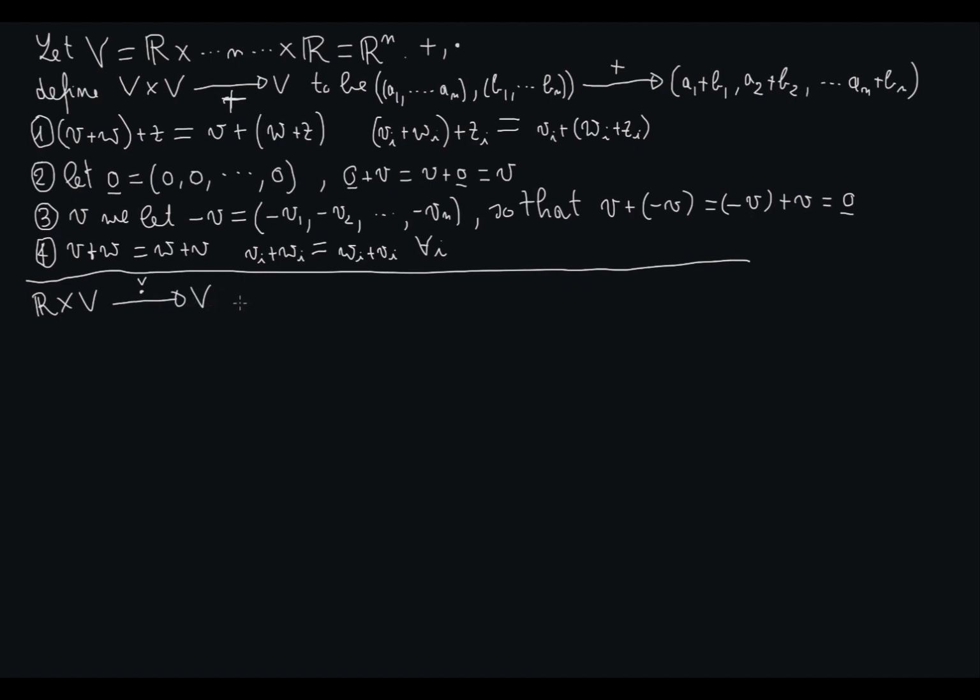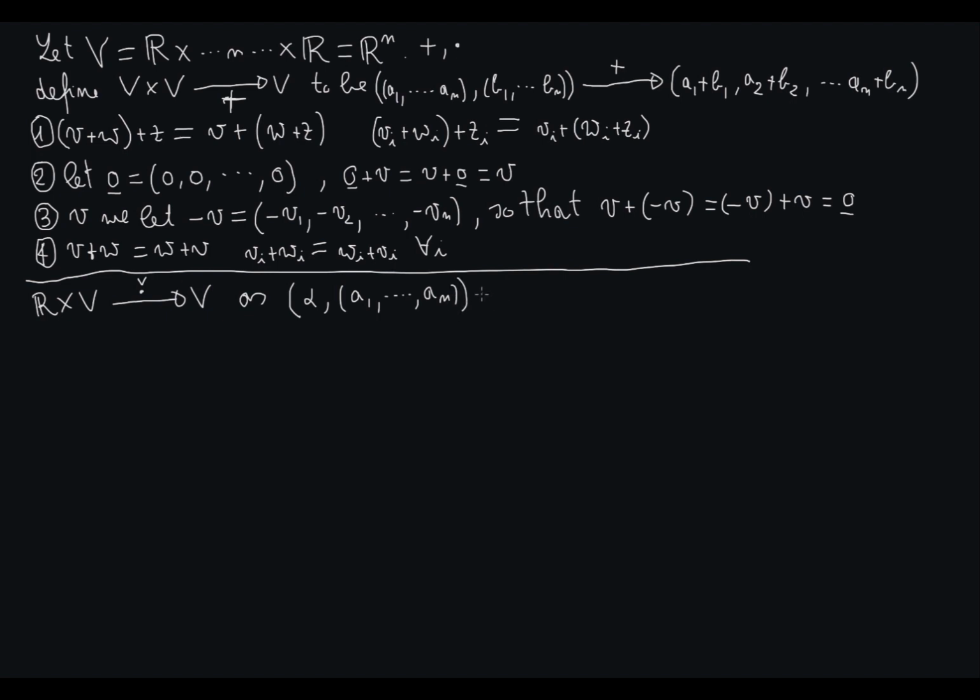So we define this as, we have to take a generic element in this set and say where we will be sending it inside V. An element in here is a pair of a scalar, a number in R, and an n-tuple inside V. Let me call the scalar alpha, and the vector in V a1 dot an.